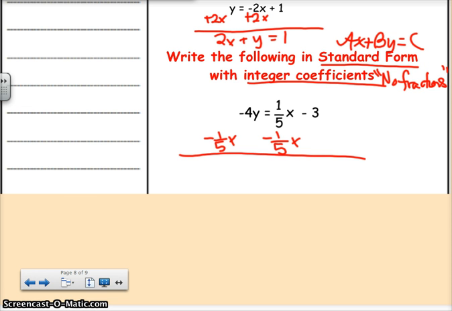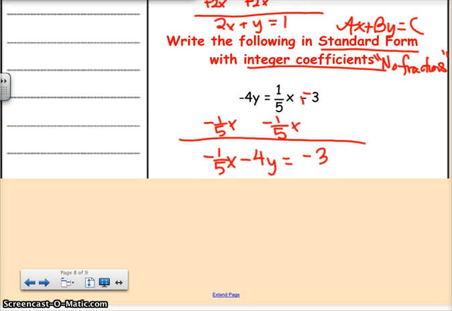Some of you, if you wanted, you could get rid of the fraction right away. It's totally fine. Okay, however you want to deal with it is your choice. Negative 1/5 x minus 4y equals, this is a negative 3. Okay, so x is before y. I'm almost there.